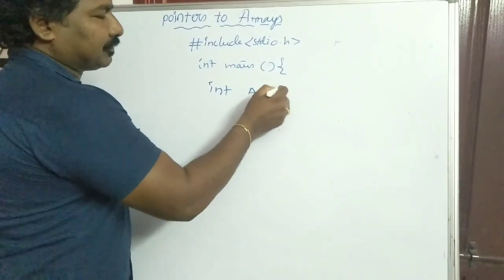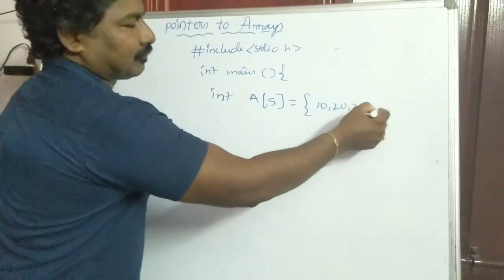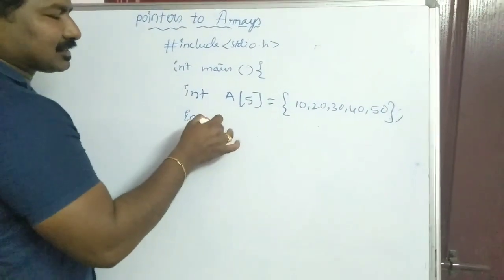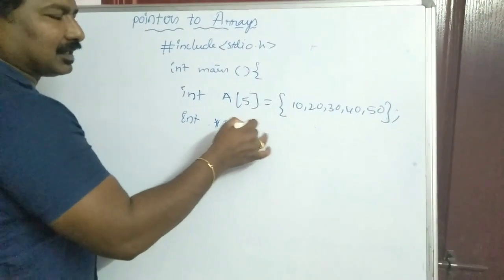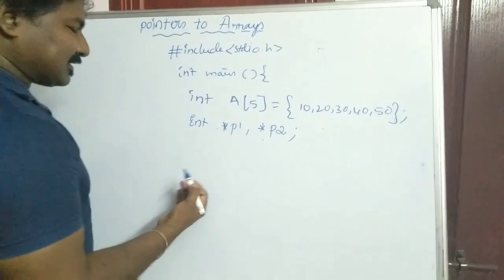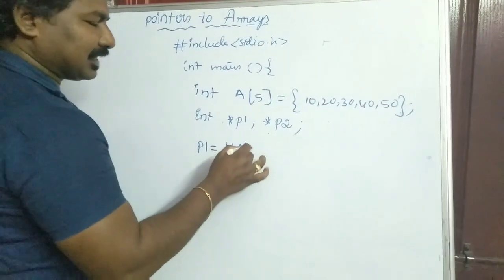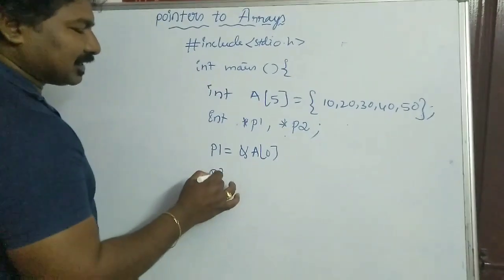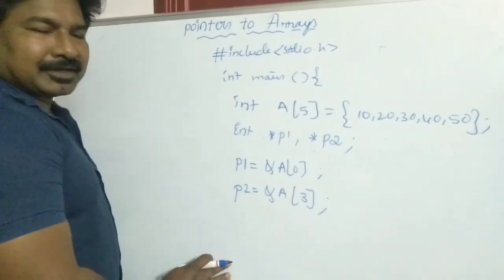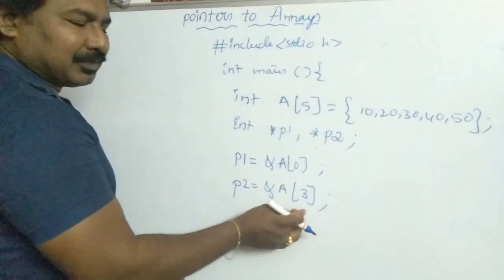I am only taking the elements 10, 20, 30, 40, 50. I am declaring 2 pointers int star p1, star p2. Now I am assigning p1 the address of the first element and p2 the address of the third element. Okay friends, see here I have taken the address of the first element into p1, and the address of the fourth element, that is index third element, into p2.